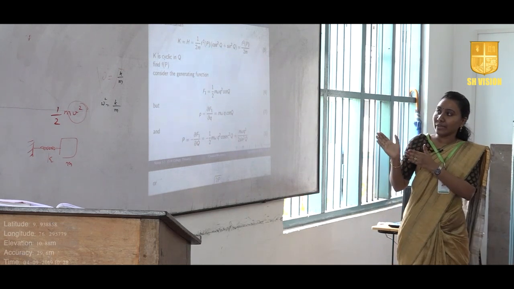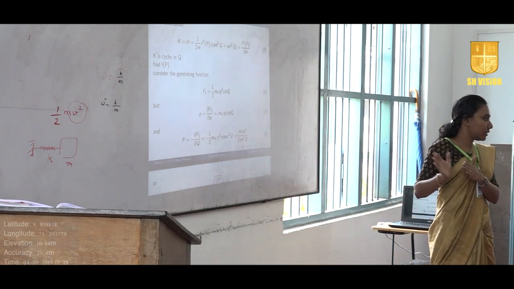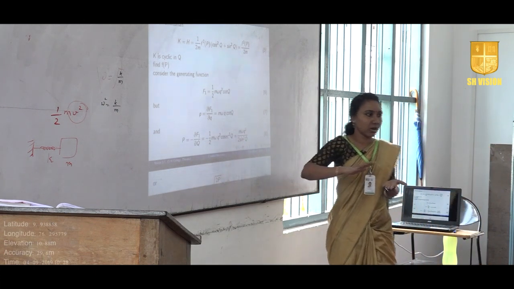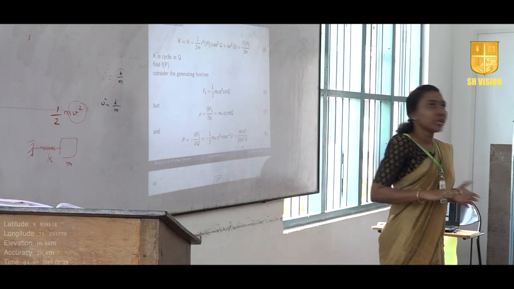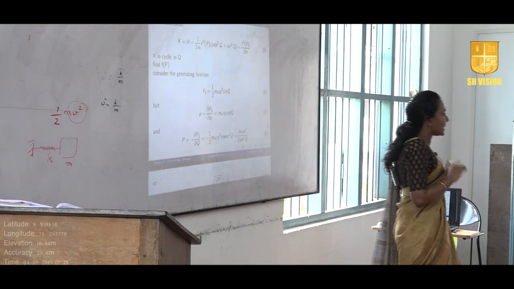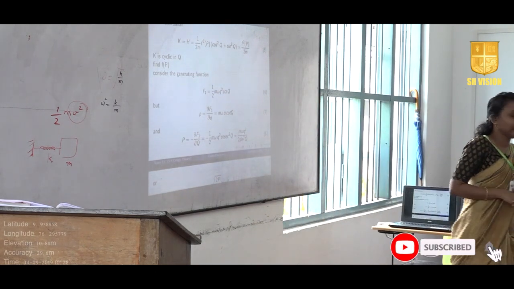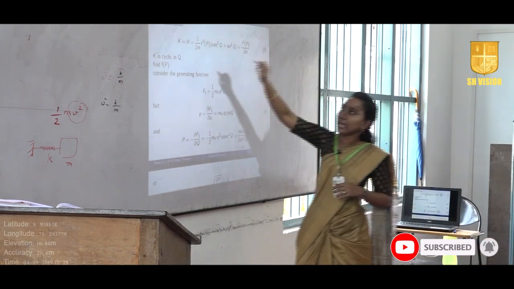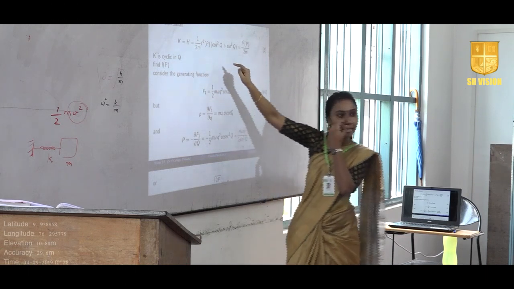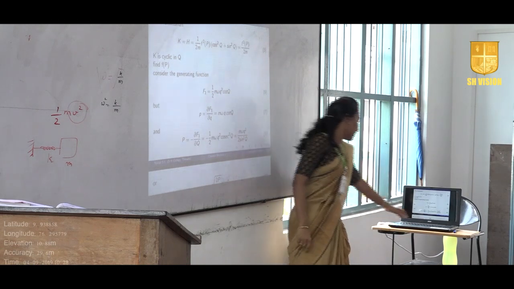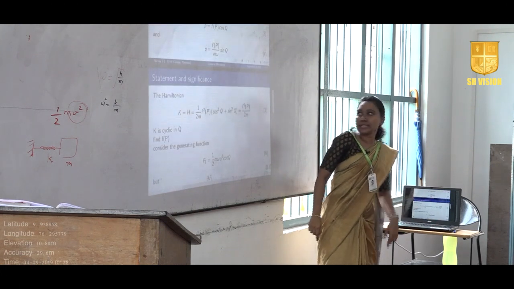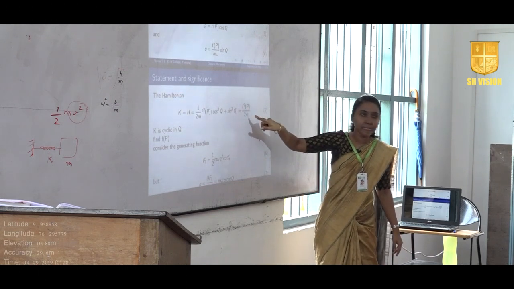We have seen that H is cyclic, which means that it is a conserved quantity, a constant quantity. So I can say that this H should be equal to the new Hamiltonian since it is independent of time. For the new Hamiltonian you substitute the sum of the squares, and you get f squared(P) by 2m.